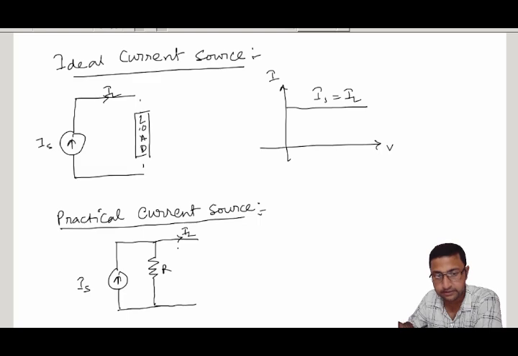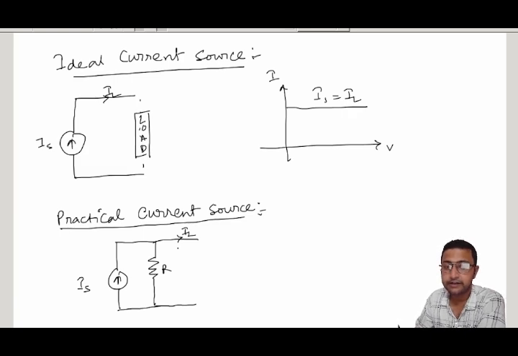If the load voltage is increased, the extra part of the current is drawn from the supply current. That means the load current is reduced. So this is the concept of a practical current source.